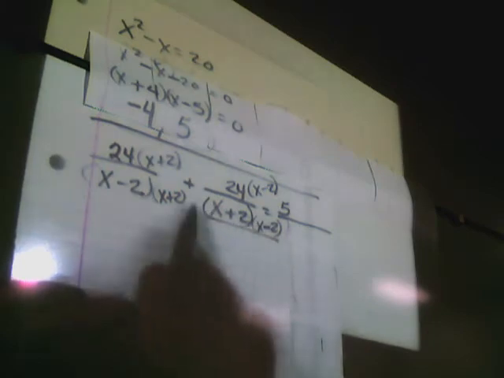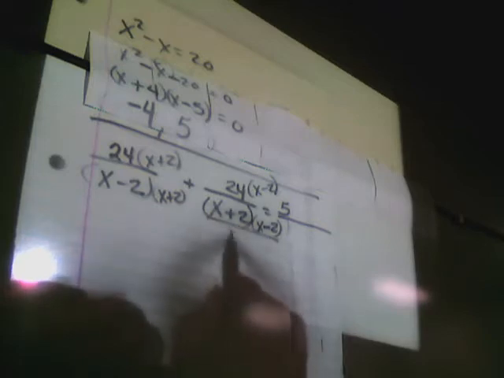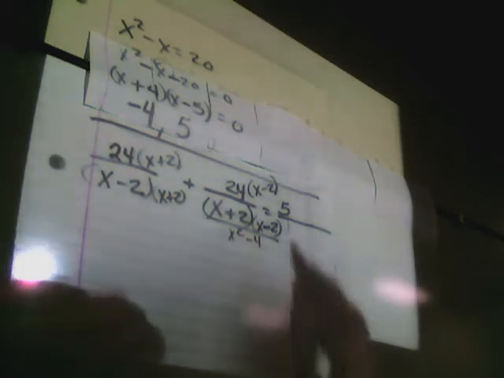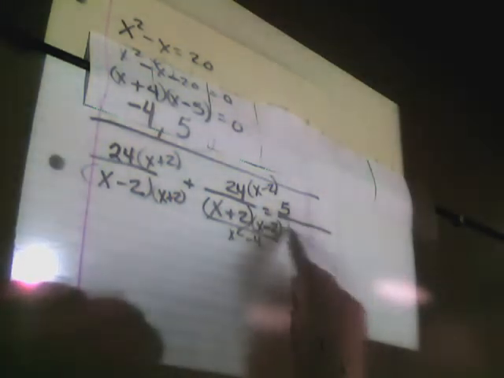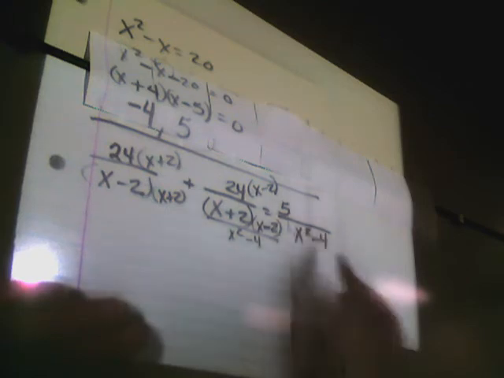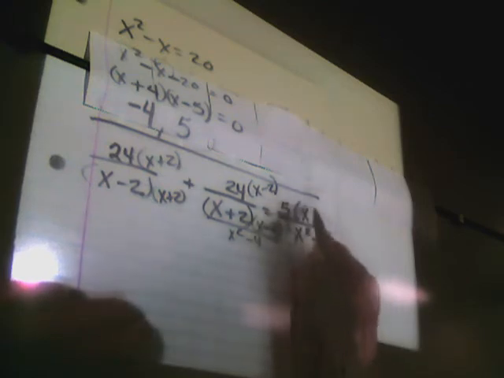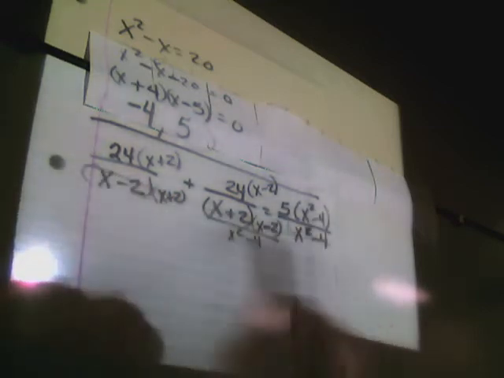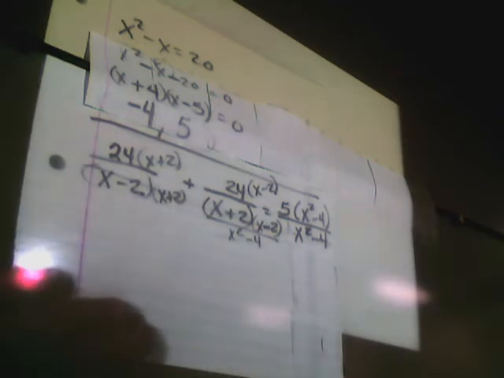If we FOIL this out, the difference of squares is x squared minus 4, right? So instead of writing both factors right here, we'll just do the x squared minus 4 and multiply the top by the same thing. Now we can get rid of all this bottom. We don't need that anymore.